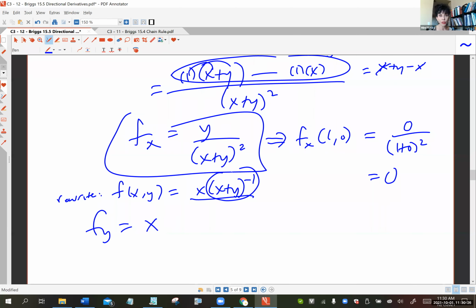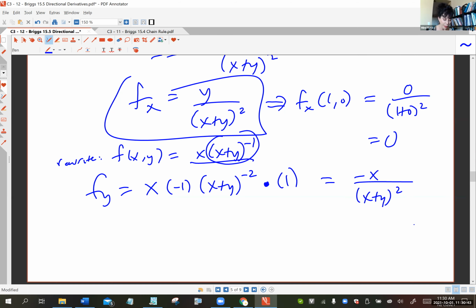Using the chain rule on x plus y to the -1, I get -1, x plus y to the -2 times the derivative of x plus y with respect to y. But that's just 1. And then rewrite this using positive exponents because it's easier for you to plug stuff in. And now when you evaluate this partial at the point 1, 0, I don't get 0 this time, I get -1. Okay, fine.